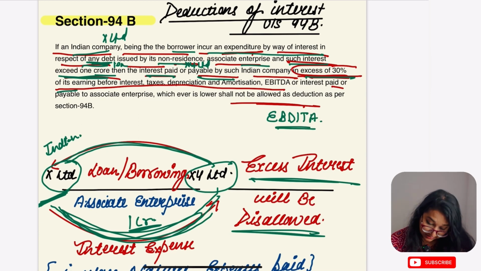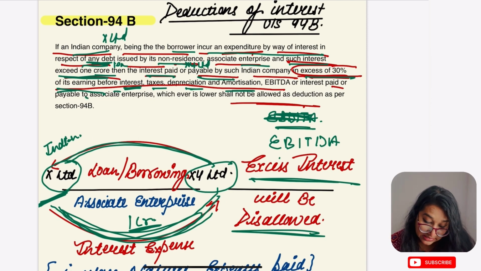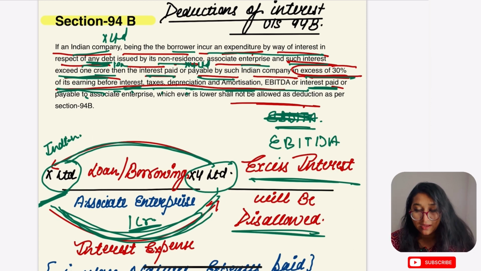Let's read it now. Earning before interest, tax, depreciation and amortization, we can write it like EBITDA, or interest paid. So up to this, let me explain it again.